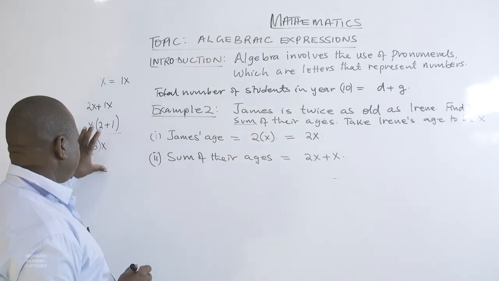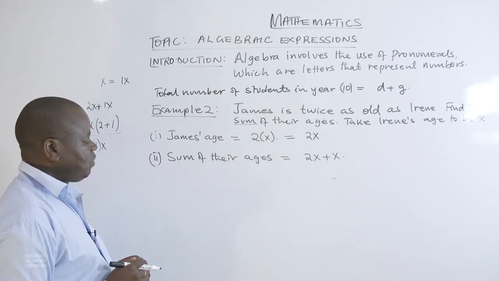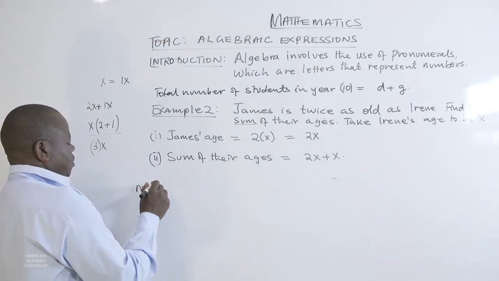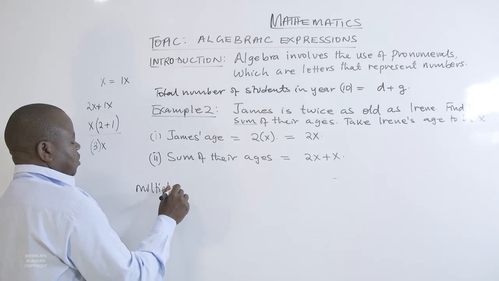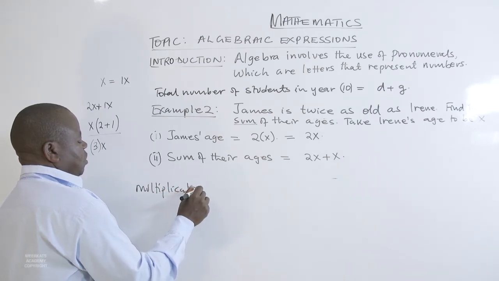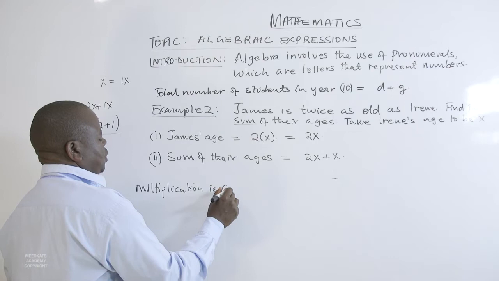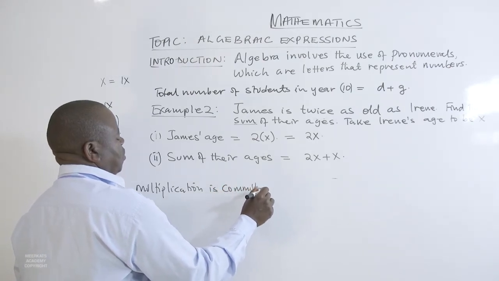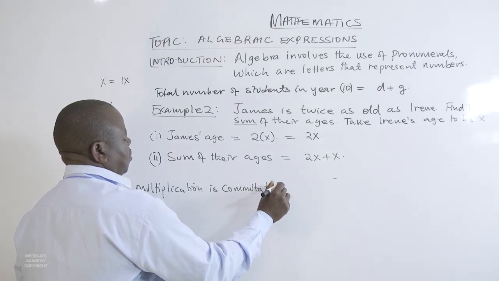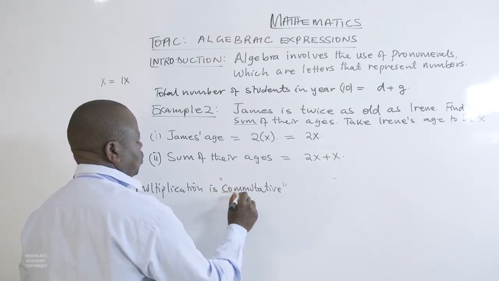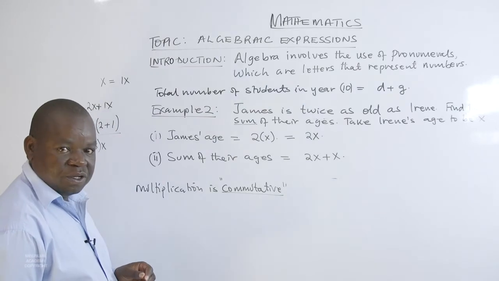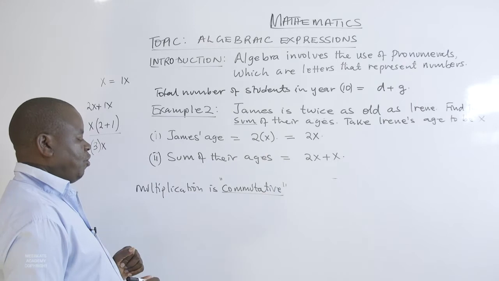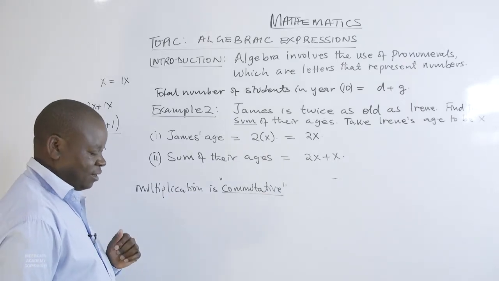Remember in year 8 we said that multiplication is commutative. Commutativity of multiplication means this.